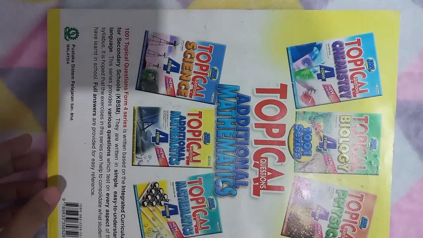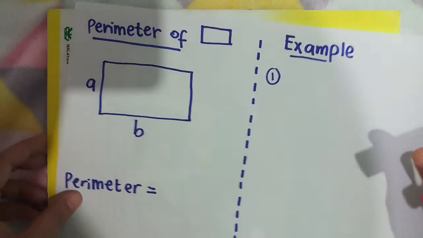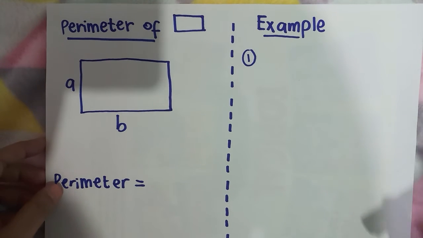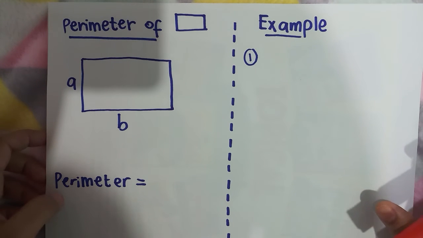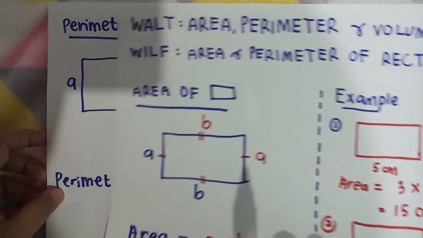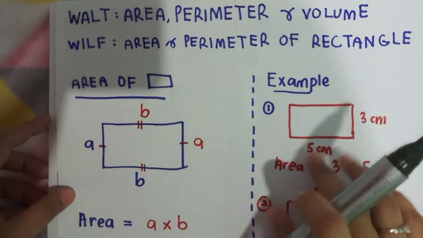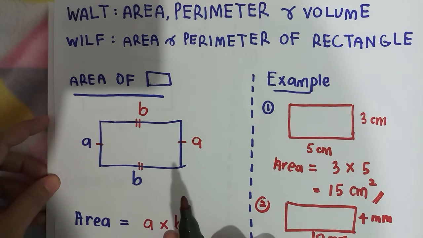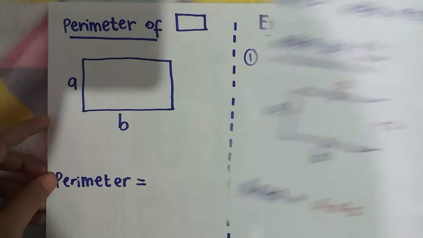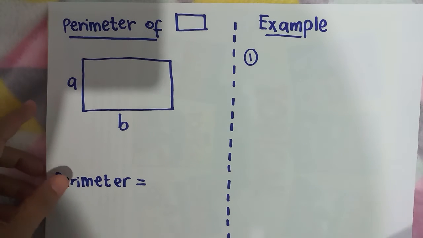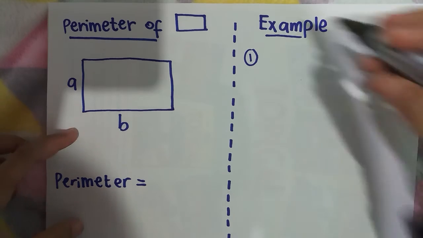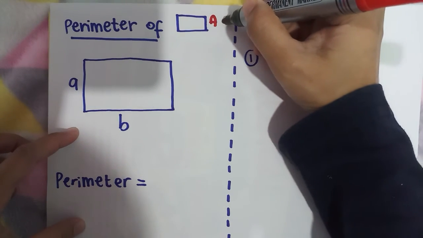Second thing is how do we find the perimeter of a rectangle. What is the difference between perimeter and area? For area, you multiply the sides, A times B. But for perimeter you add all sides. The keyword for perimeter is add.